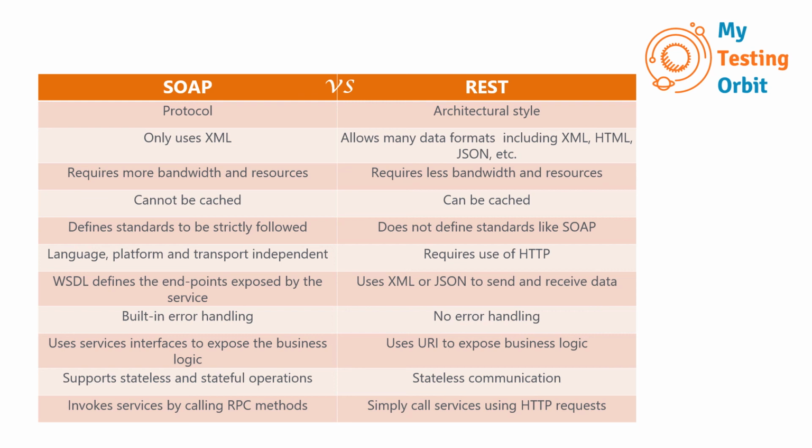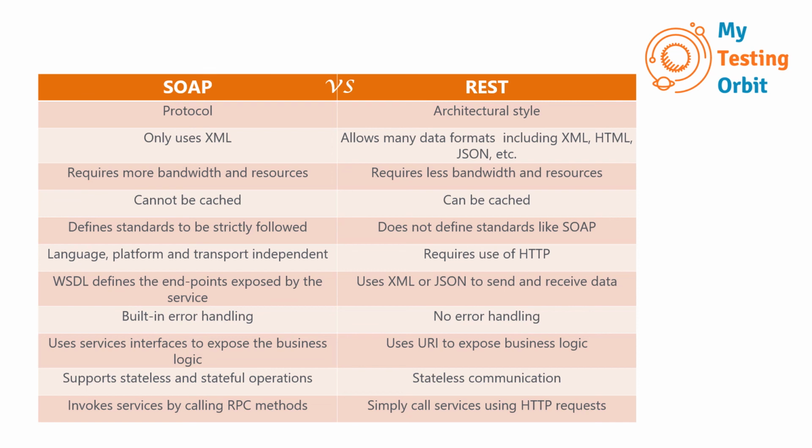But still, it would be beneficial to know the key differences between SOAP and REST. We are not saying which one is better than the other, because the intended use for both of them is totally different. It all depends on what kind of architecture style or protocol a company needs.